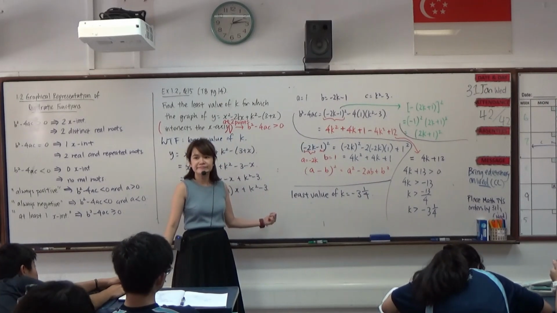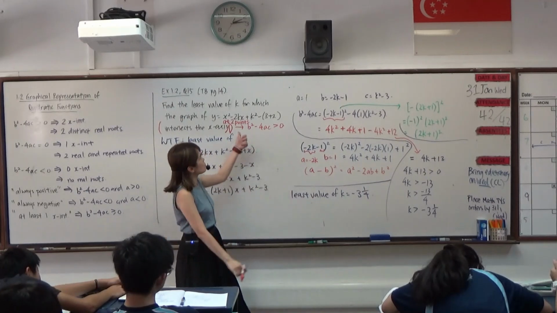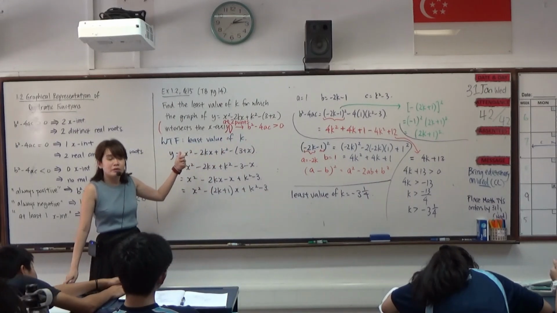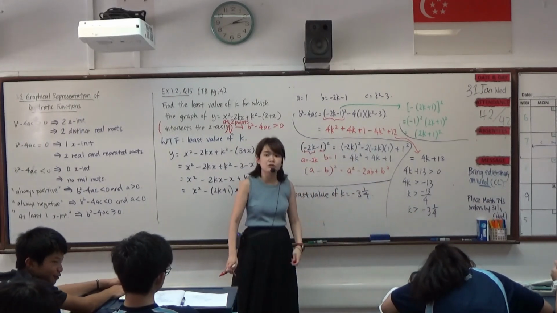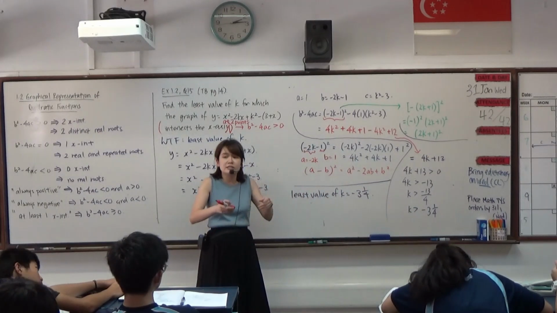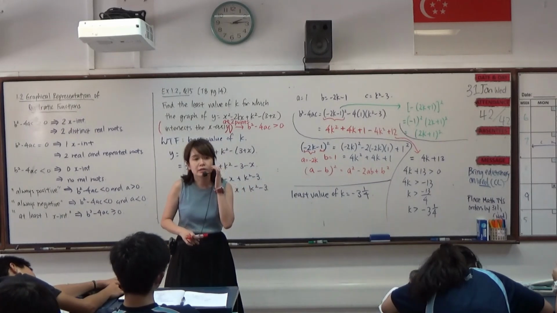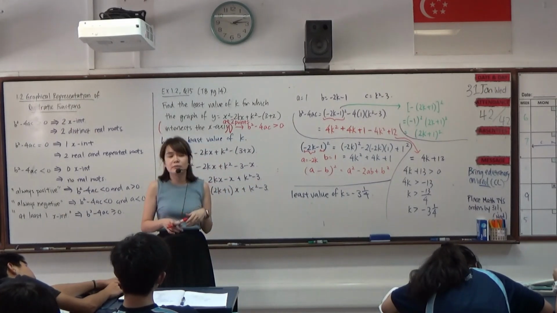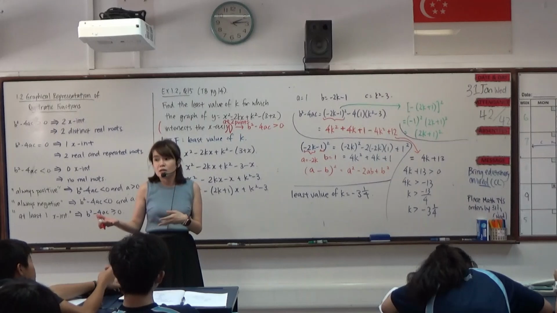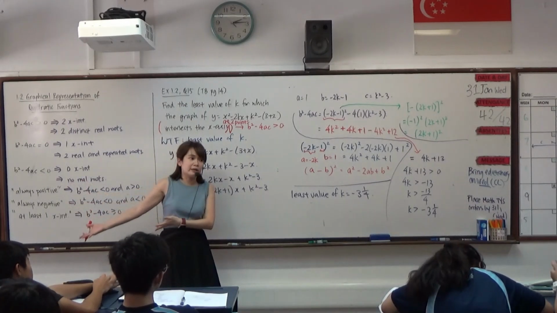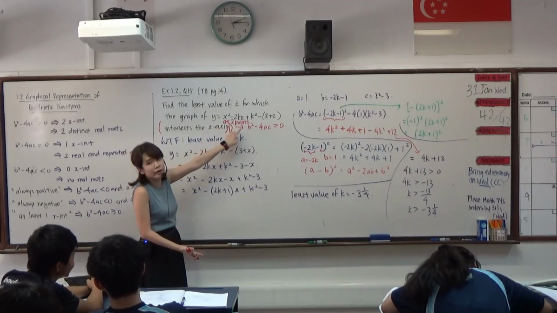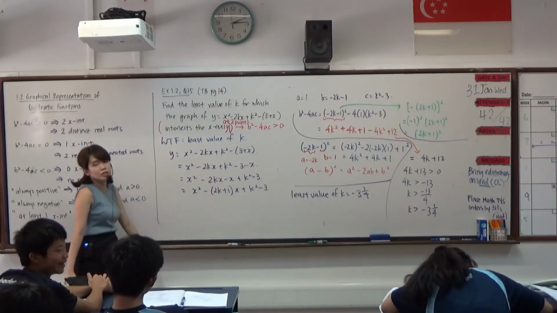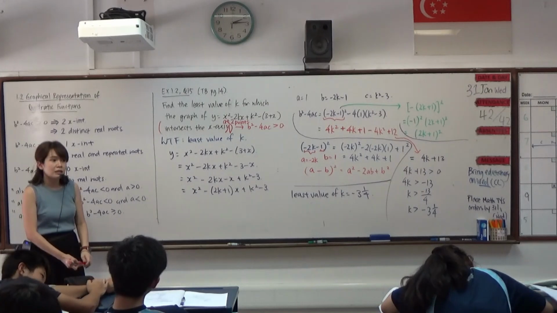Would there be an answer? No. So actually the question wouldn't be valid anymore, because I cannot find what is the next number that is more than negative 3 and 1/4. I cannot say it's just an increment of 0.1, because you can also consider an increment of 0.001, or 0.00001. So actually, if they were to specify 2 points, the question wouldn't be a valid question, we won't be able to answer it.